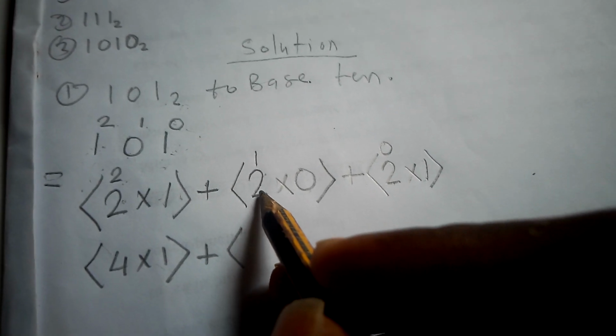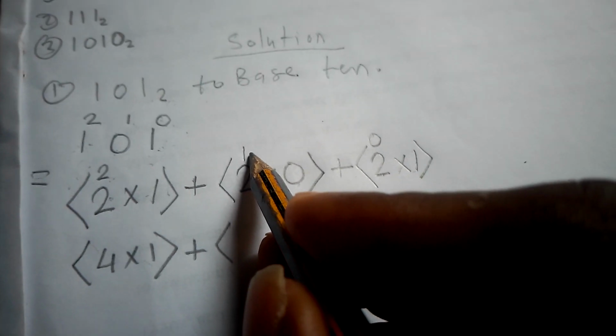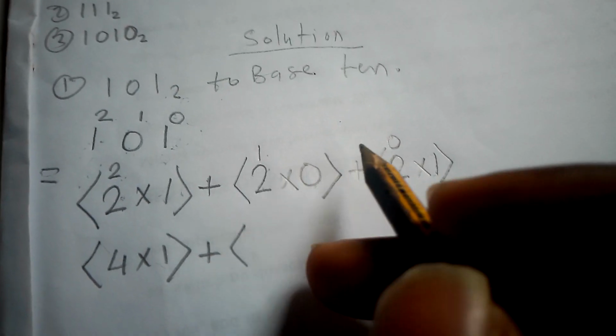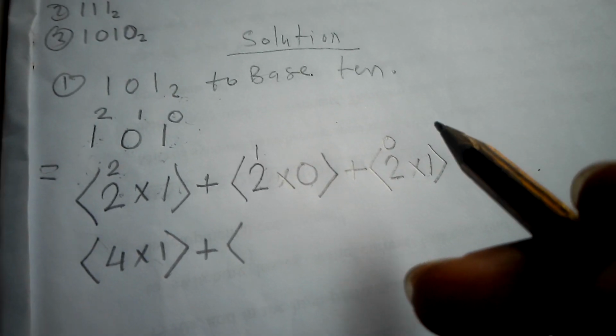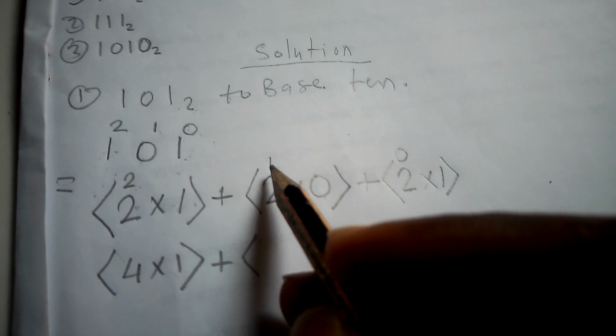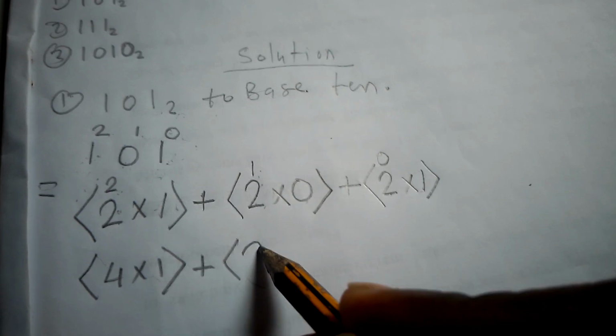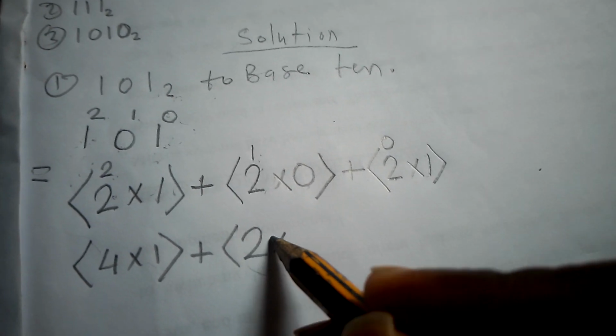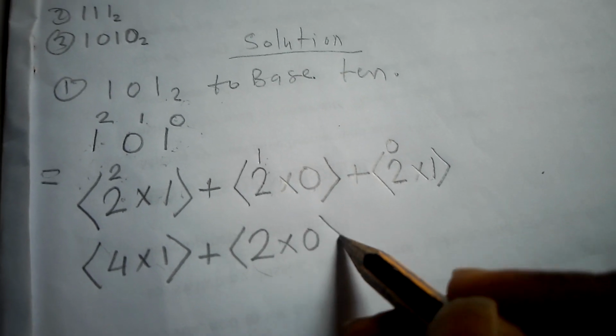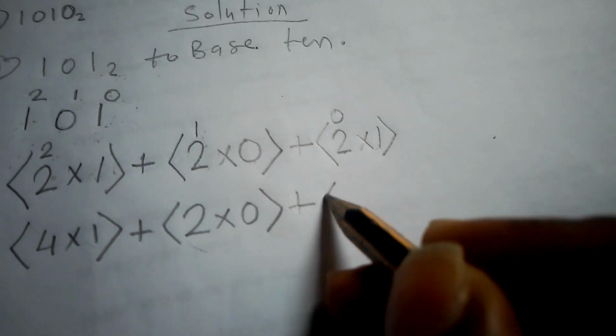Now, this means 2 raised to power 1. What is 2 raised to power 1? It is still 2. If you recite your power table, 2 raised to power 1 is 2. So, it's going to be 2 times 0. Then close the bracket. Plus.